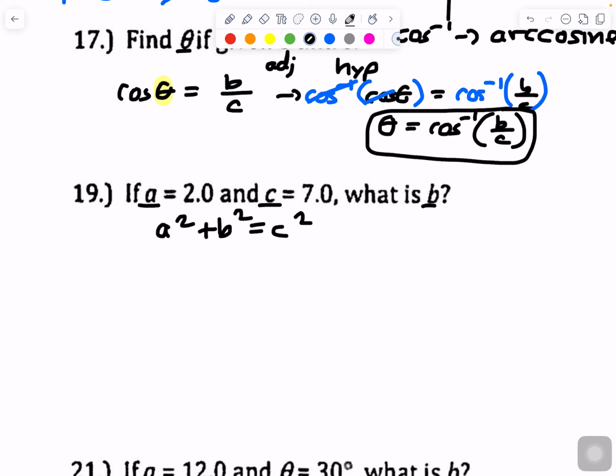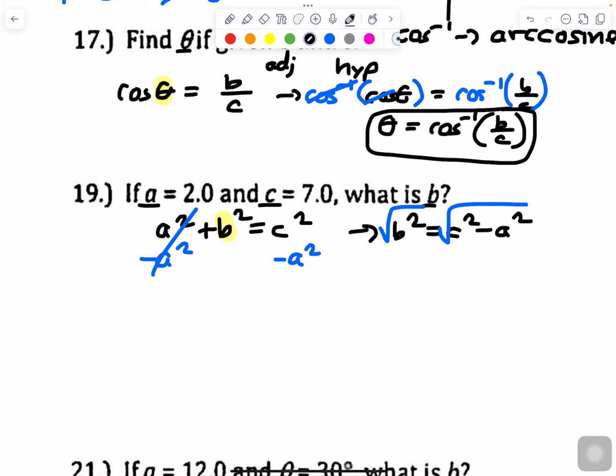Now I'm solving for B. In order to do that, I'm going to need to subtract A squared first, and I get B squared equals C squared minus A squared. Now, to solve for B, I have to square root both sides. And now I've got B solved for. B is the square root of C squared minus A squared.